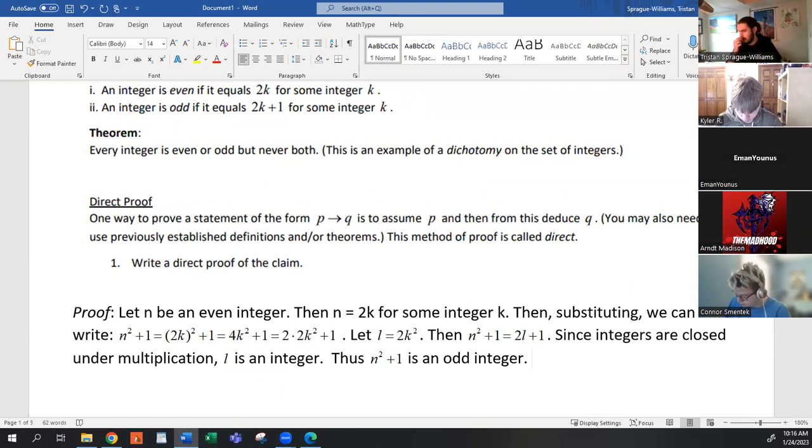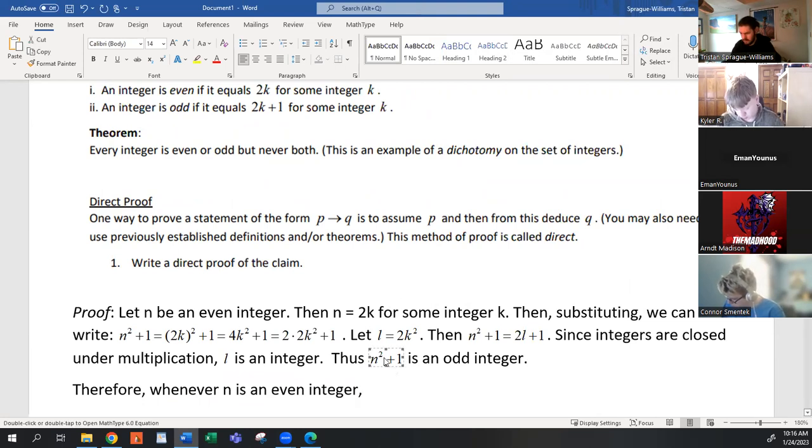And that's the end of the proof. So I might finish up by saying something like, therefore, whenever n is an even integer, n squared plus 1 is an odd integer.